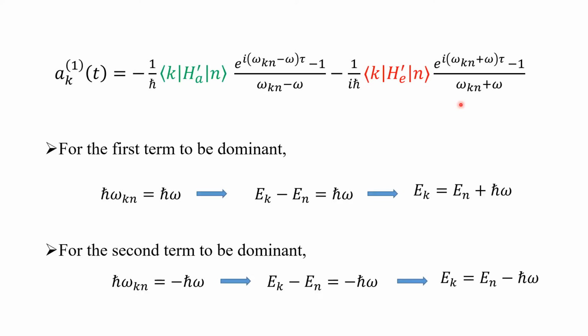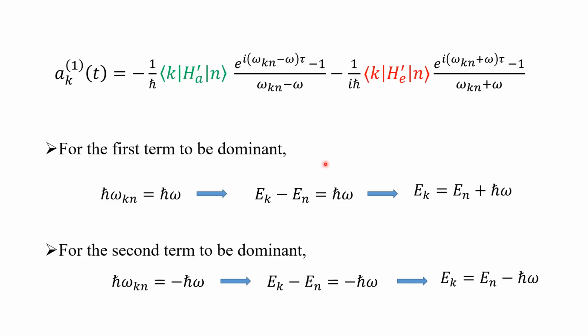If you see this expression carefully, you can understand one important thing. That is, here any one of the terms will be dominant. For example, if omega kn is equal to omega, then the first term will be dominant, because the denominator will become 0, so this will dominate.